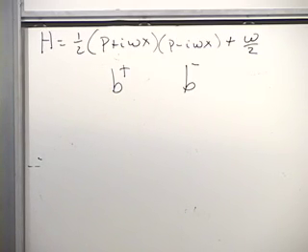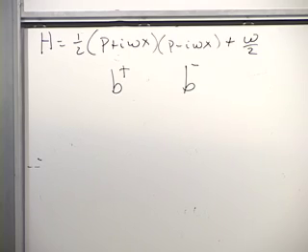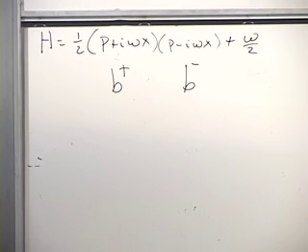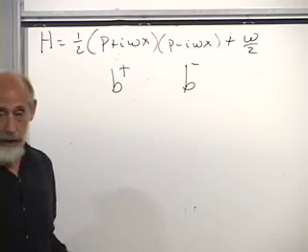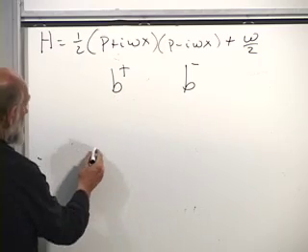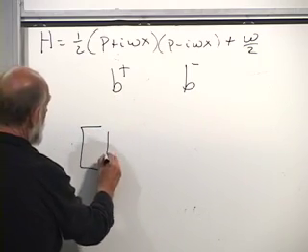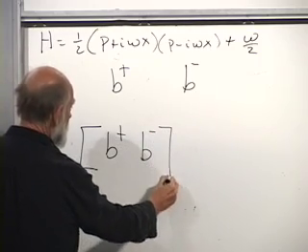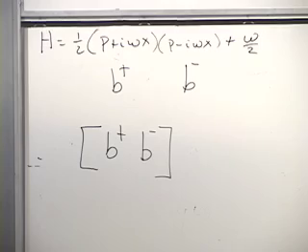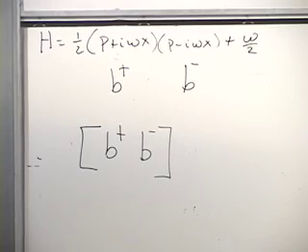First of all, B plus and B minus are Hermitian conjugates of each other, classically complex conjugates of each other. So that's an interesting fact. Next, they have some interesting commutation relations. Let's compute the commutator of B plus with B minus, just for fun.